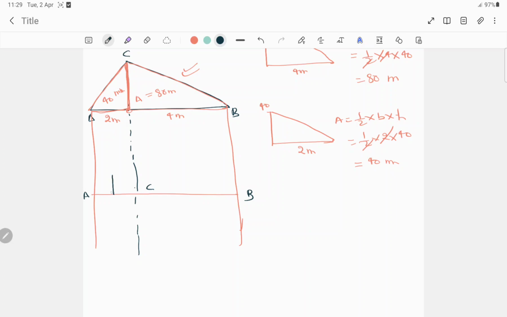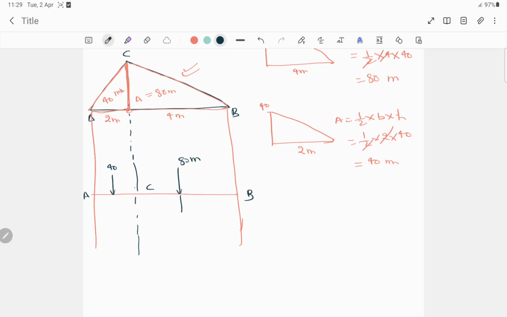So it will act downward. It's a 40, and here it will be 80, right? 80 meter. Now we have to determine the distance.